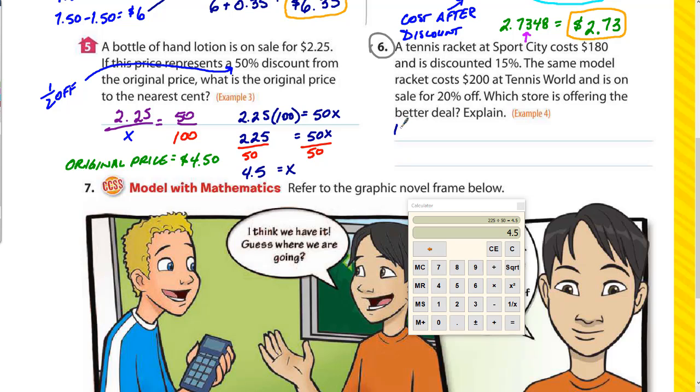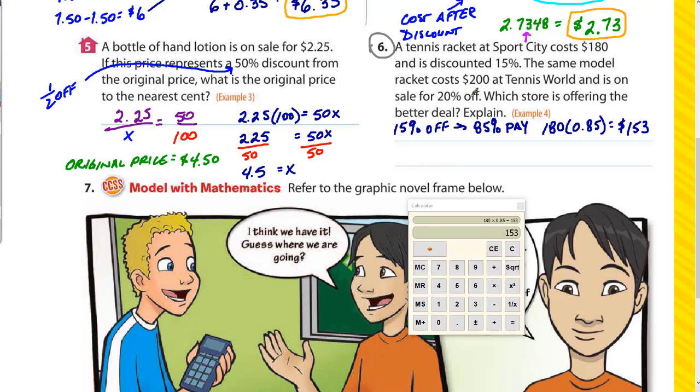So if I think of Sports City, 15% off means 85% pay. So the Sports City racket, $180 times 0.85, which is the amount I'm paying. I always check my calculator: $153.